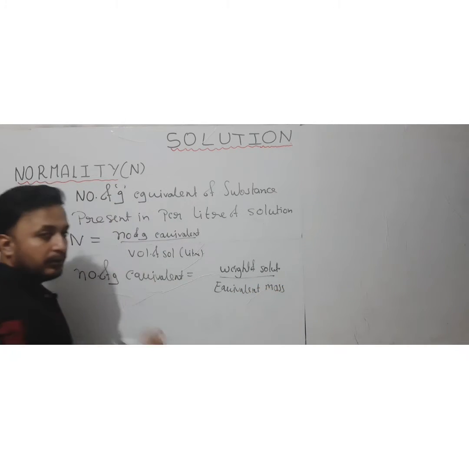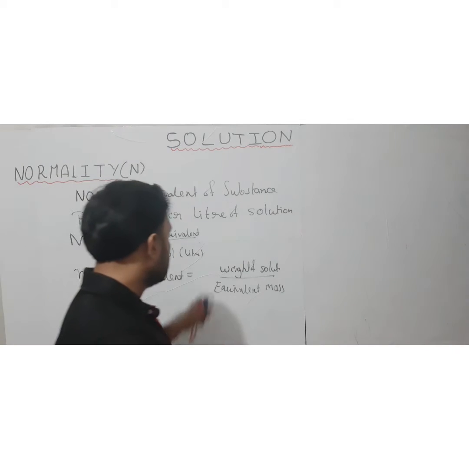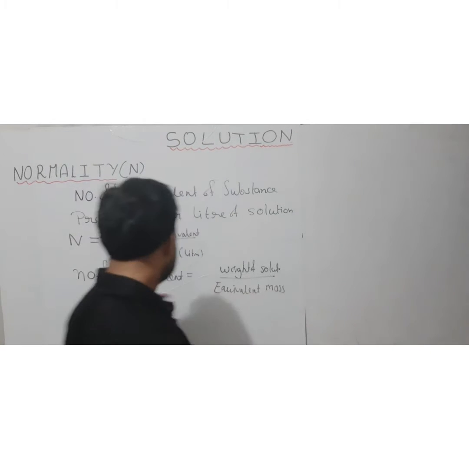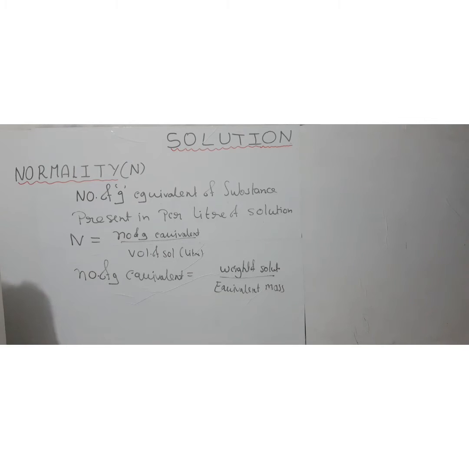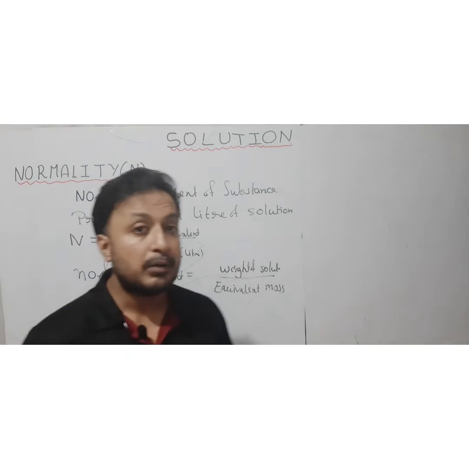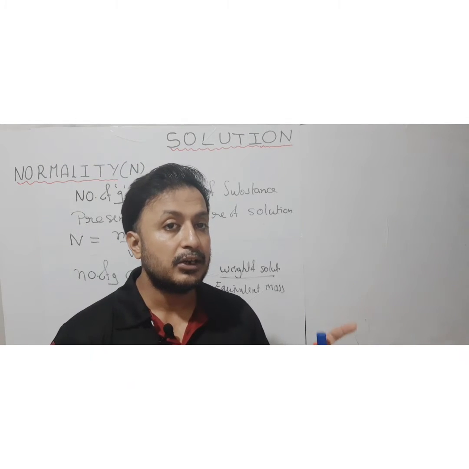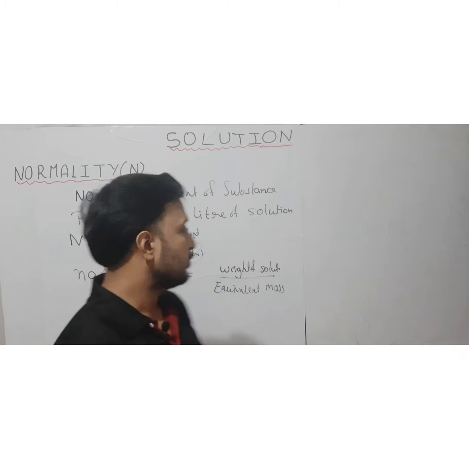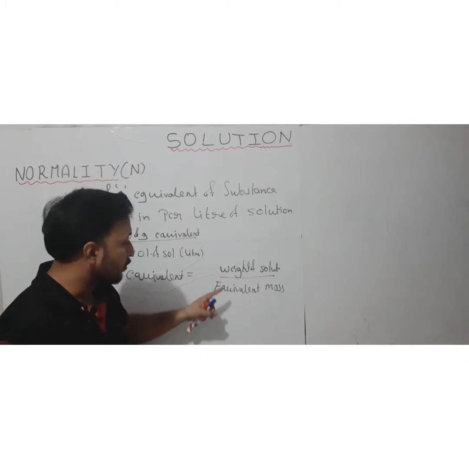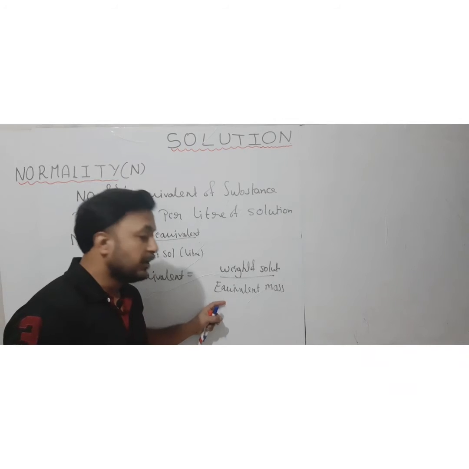Whatever the weight of the solute is provided to you, if you take the ratio with its equivalent mass, then you can calculate the number of gram equivalent. Like if you remember, when we calculate moles we take the ratio of given mass to the molar mass. Only here the difference is that given mass is going to be divided by equivalent mass.